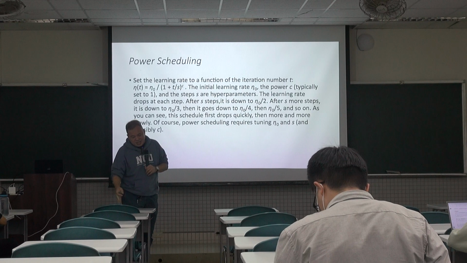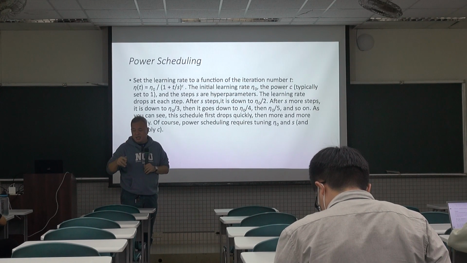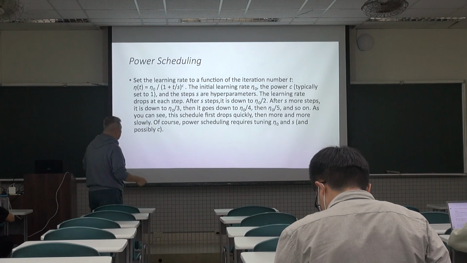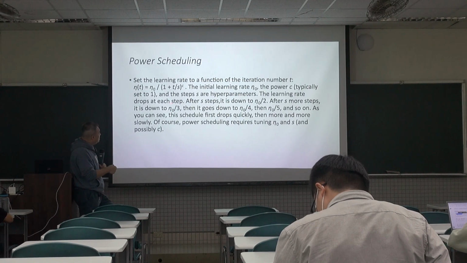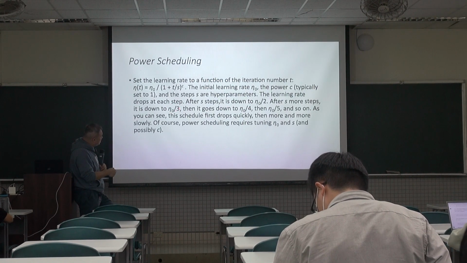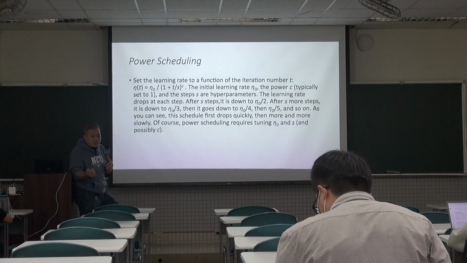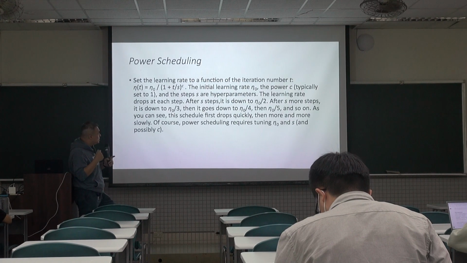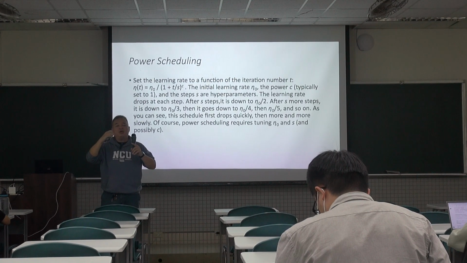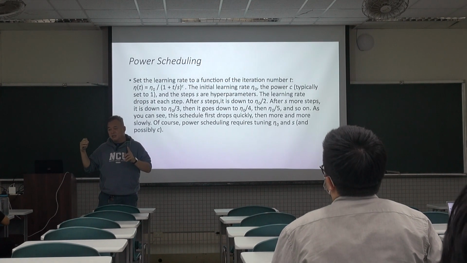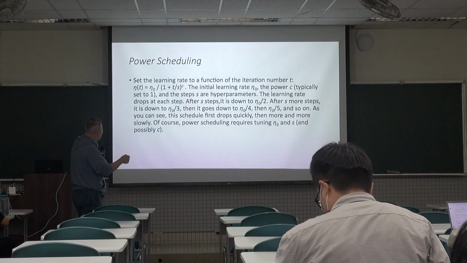After another s iterations, it becomes eta 0 divided by 3, and so on. Every s iterations, the denominator increases by 1. So you can see that the learning rate actually reduces slower and slower. This is what we call power scheduling.